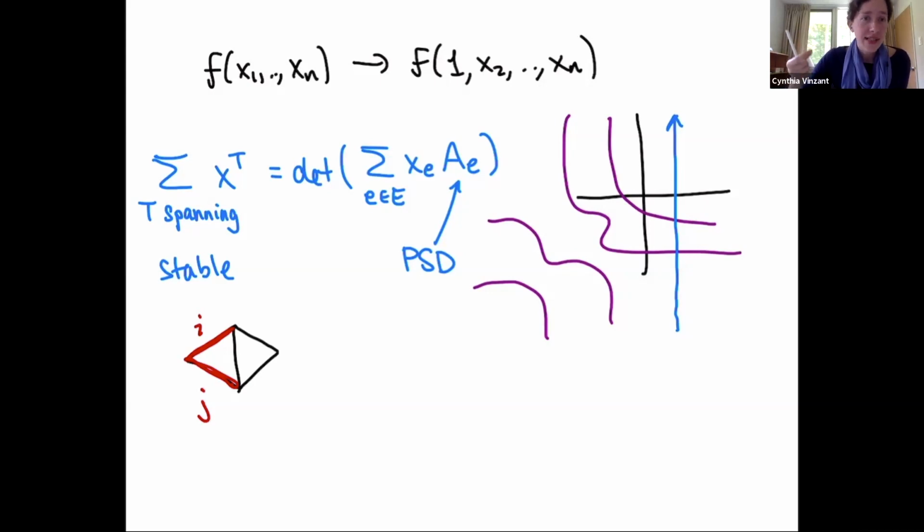This satisfies this negative dependence property, that the probability of both showing up is less than the product of the probabilities. I'm sure there are other proofs, but that's an immediate consequence of this polynomial being stable. Oh, neat. Okay. Thanks.